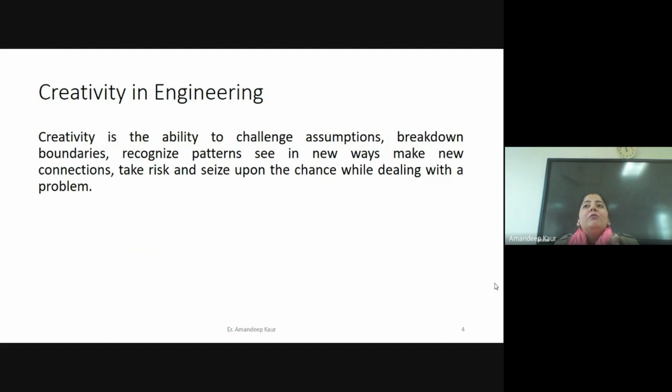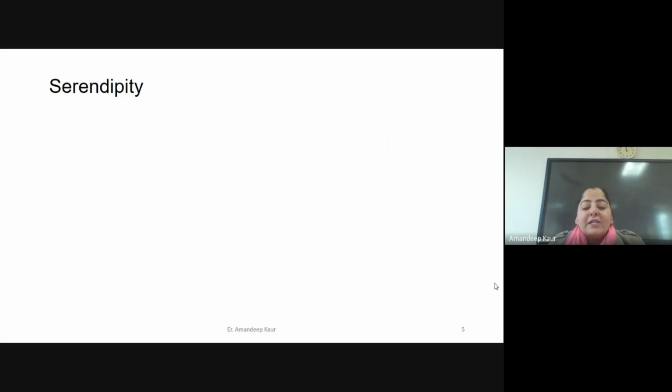If they are able to perform the activities for the very first time as per the specifications and other parameters given by the faculty, it means students are able to do something more creatively through the training provided by the institute. If they are able to take risks, challenge different boundaries and recognize different associations and relationships between the variables of the problem, the students are able to do creative things.